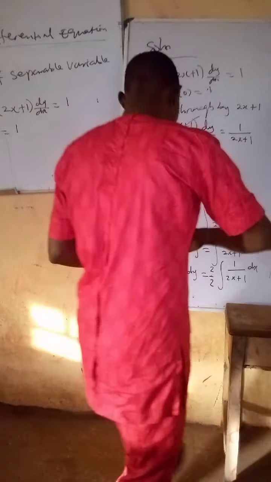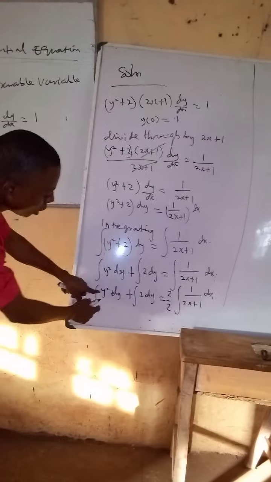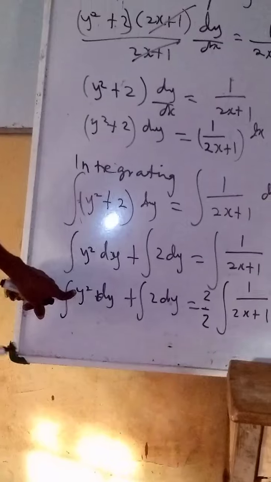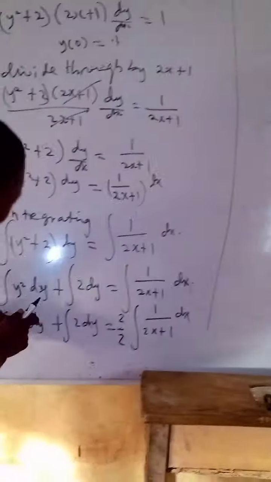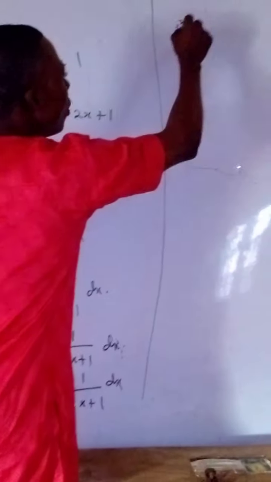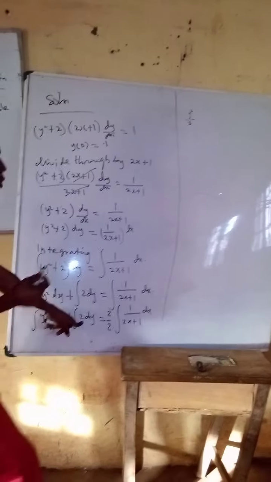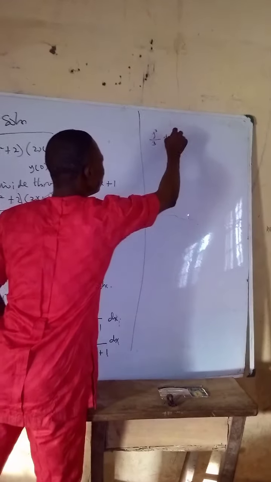Let's progress. Here we integrate. If we integrate y squared, what do we do? For y squared, we add 1 to the power and divide by the new power. We will have y raised to the power of 3 divided by 3. Here, if we integrate this, it will give us 2y.